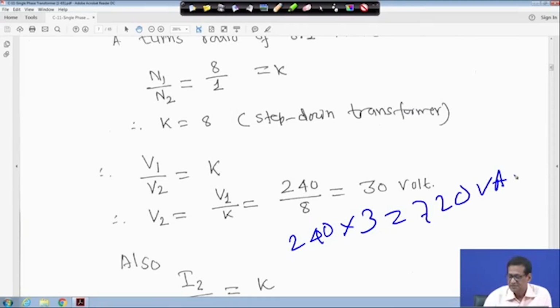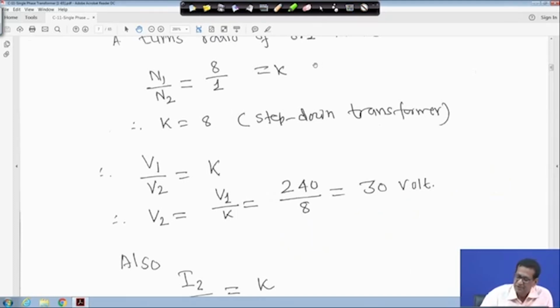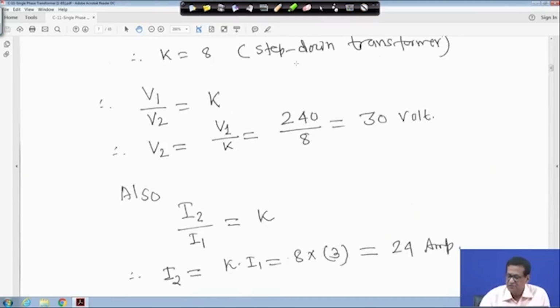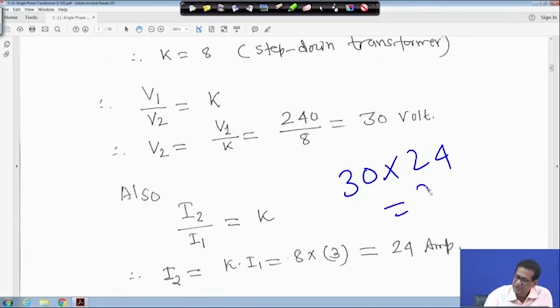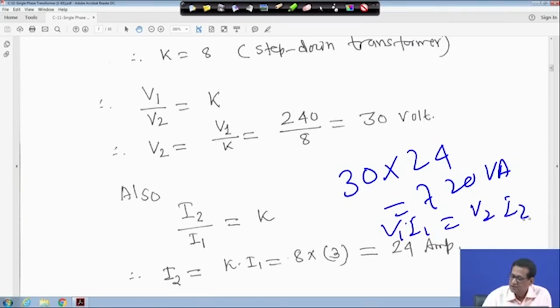Similarly, the secondary side also has to be 720: V2 is 30 volt and this is 24 ampere, so that is also 720 volt ampere. So V1 I1 has to be equal to V2 I2, right.